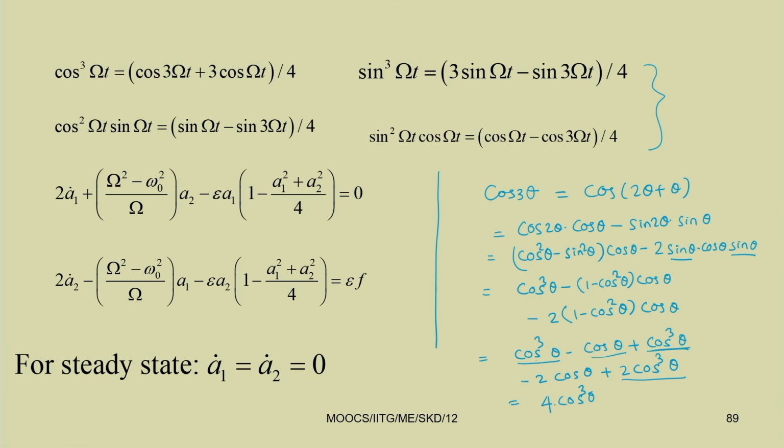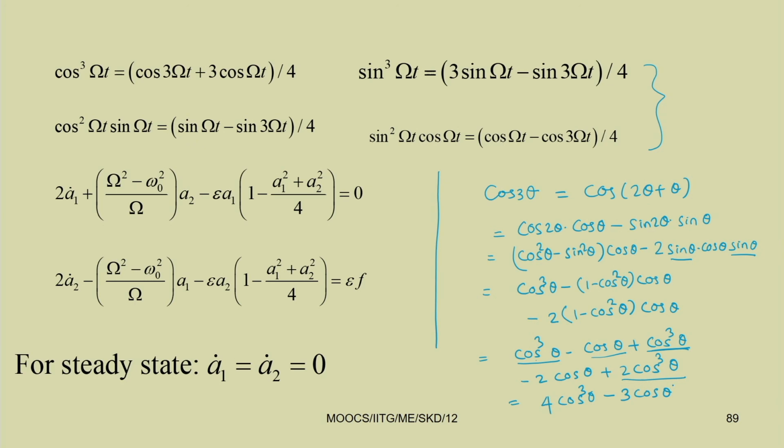So this becomes 4 cos cube theta minus 3 cos theta. So cos 3 theta equal to 4 cos cube theta minus 3 cos theta. So from this thing 4 cos cube theta becomes cos 3 theta plus 3 cos theta, and cos cube theta becomes, so this is divided by 4. So this becomes cos 3 theta plus 3 cos theta by 4.